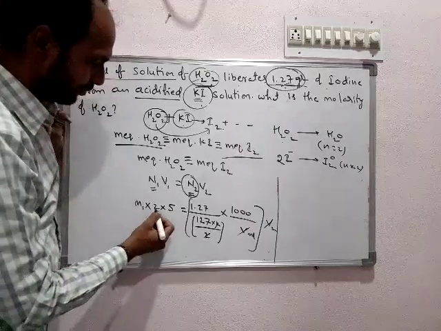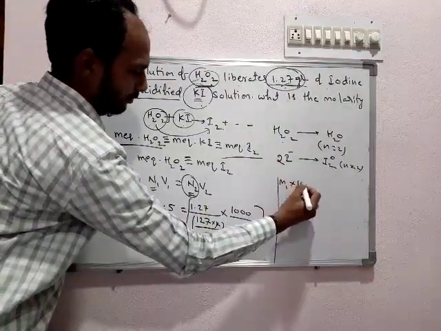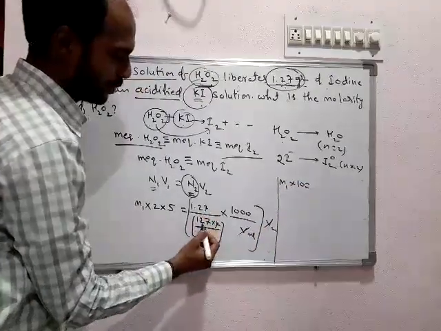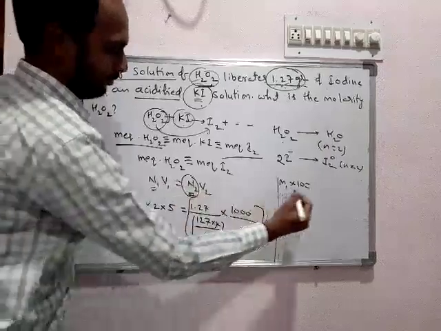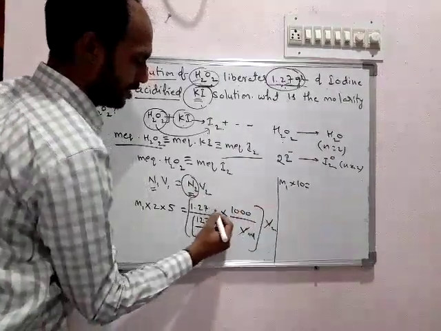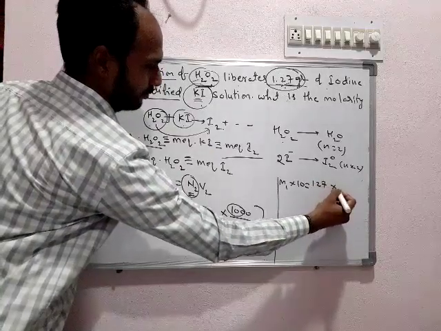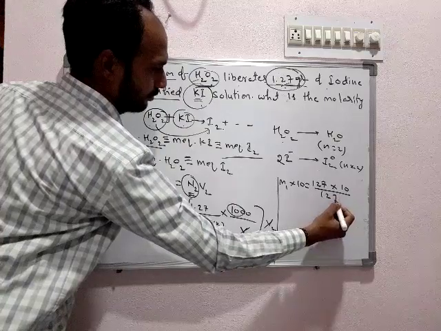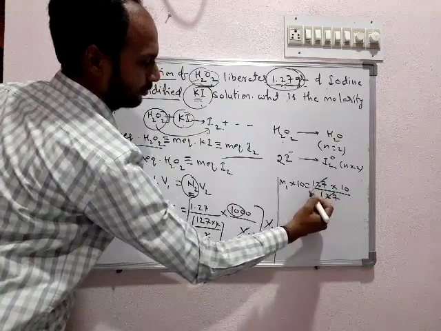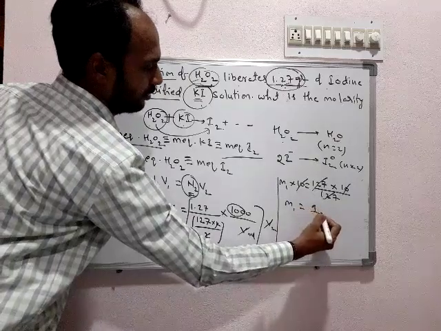So what does it become? 1.27, multiplying with it, M1 is equal to 1.